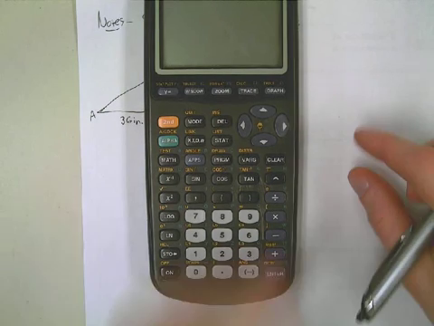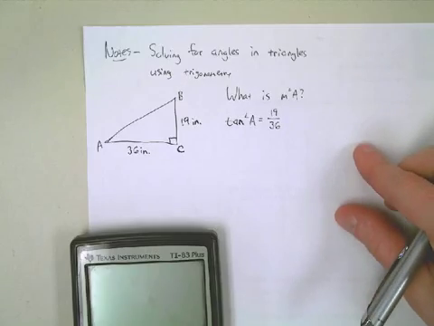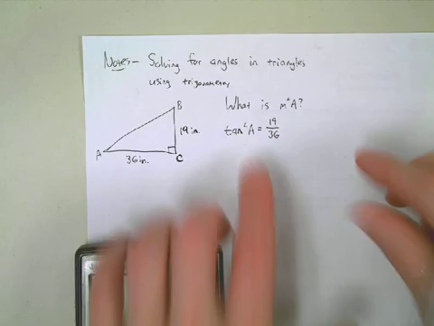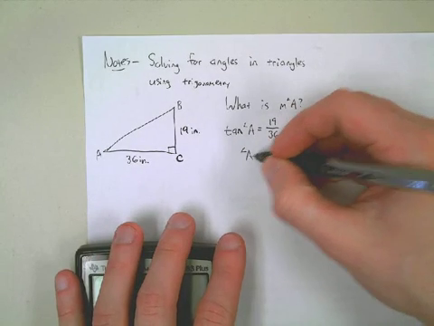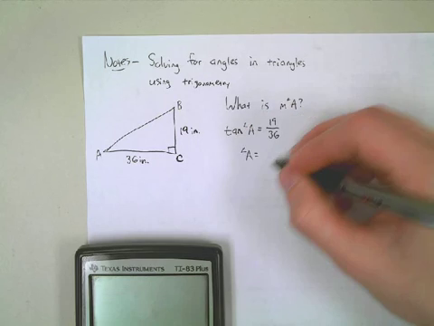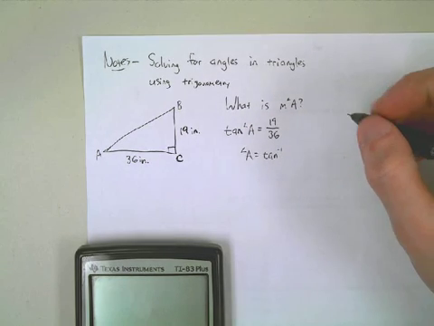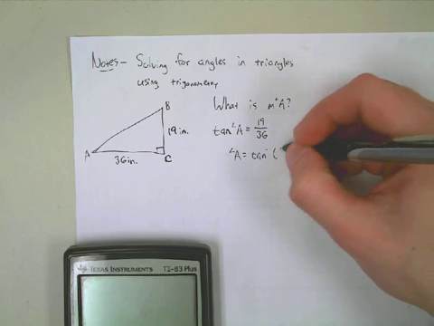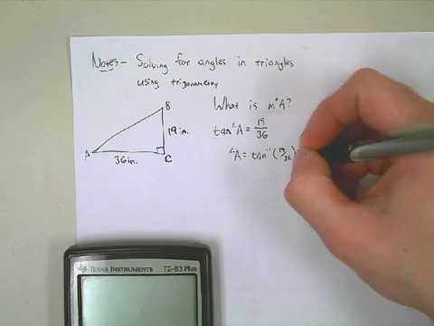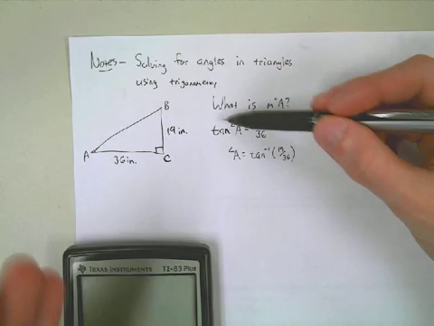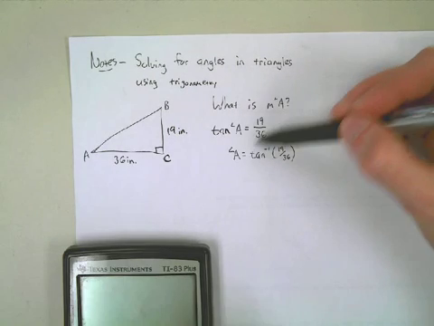Here's how that's going to look. When you have this kind of setup, we just flip the tangent over to the other side, but we say tangent to the -1. That means tangent inverse of 19 over 36. So it kind of cancels out on this side and flips over to the other side, and we get tangent inverse.